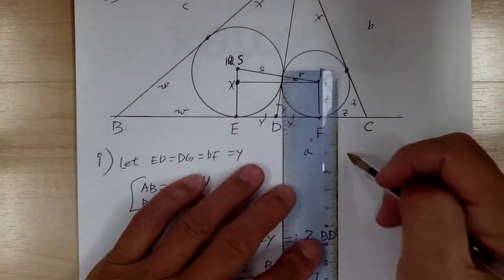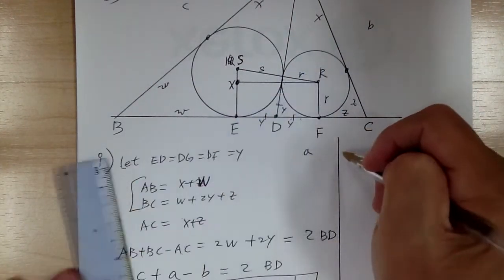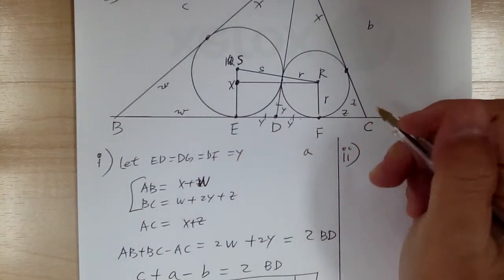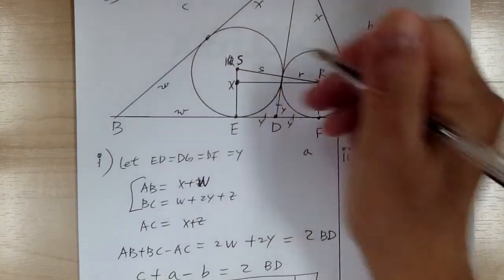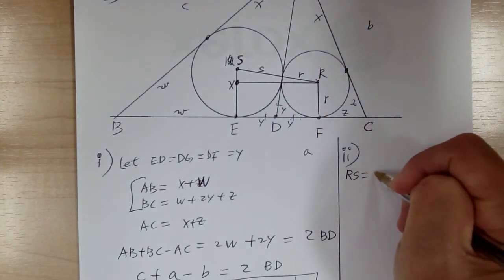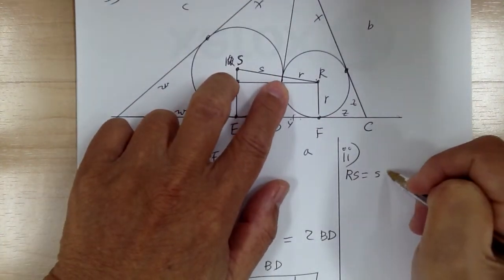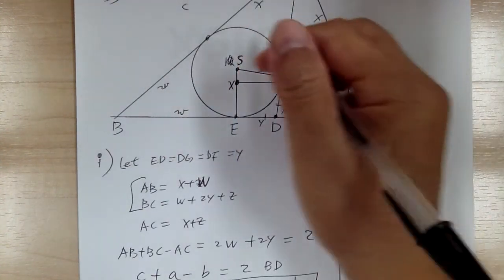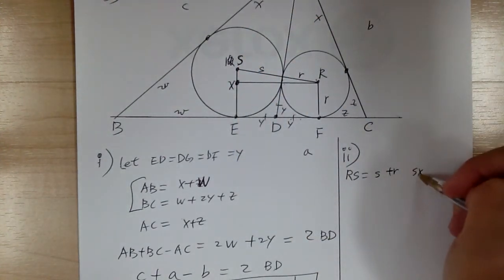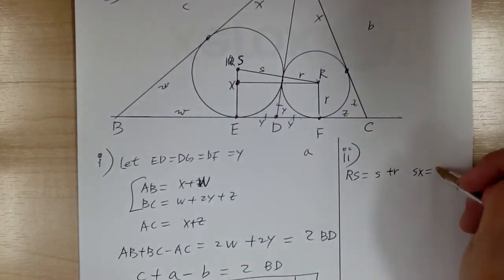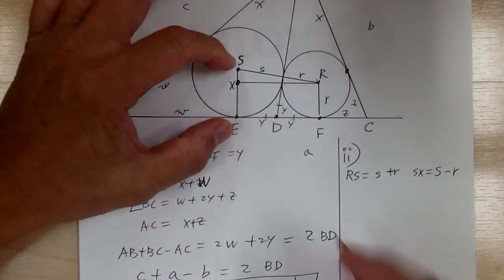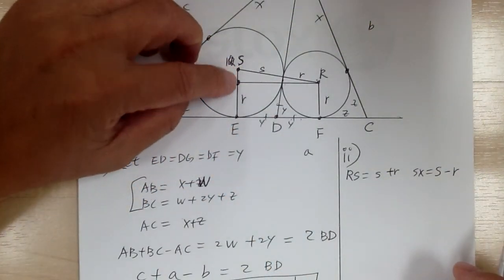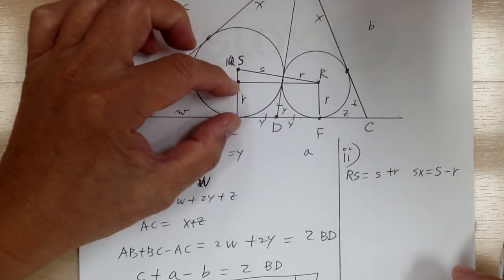So we're going to do part 2 over here. From R to S is equal to the big radius plus the small radius. And from S to X, from here to here, is the big radius minus the small radius.